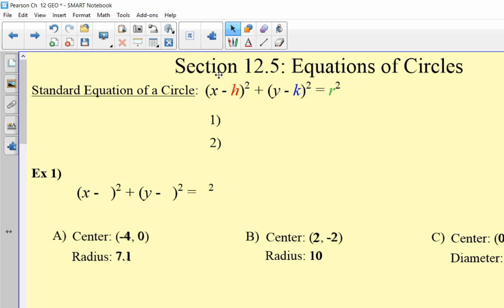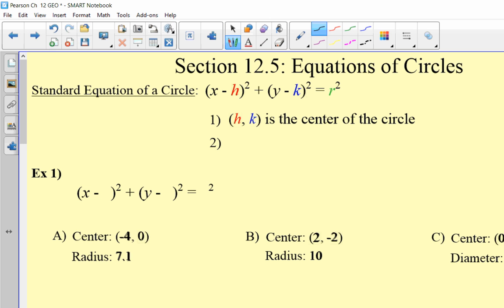Okay, a couple important things that you need to have for this. h and k is the center of the circle, so it's a point that represents the center of the circle. Because when you graph points, you need an x and a y value. But in this case, I need a specific x and y value. And so we had to do something different with that. So we're using h and k as letters just to represent x and y.